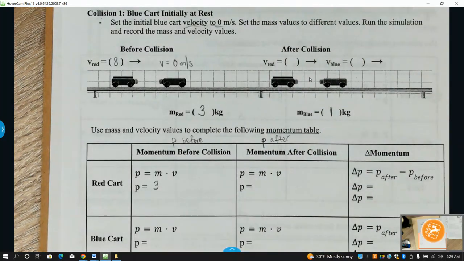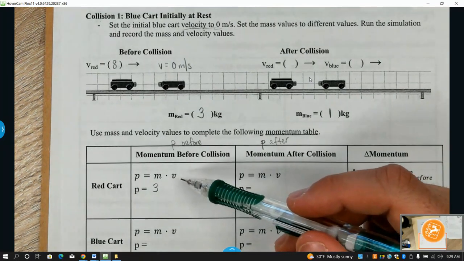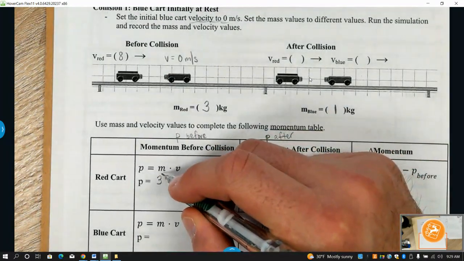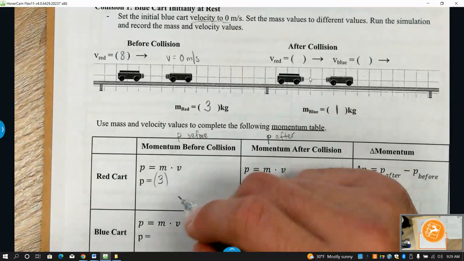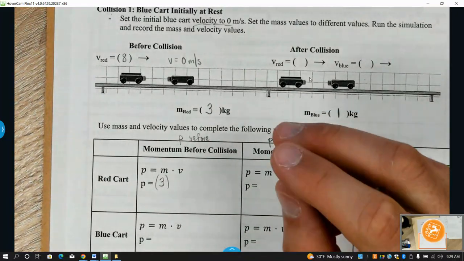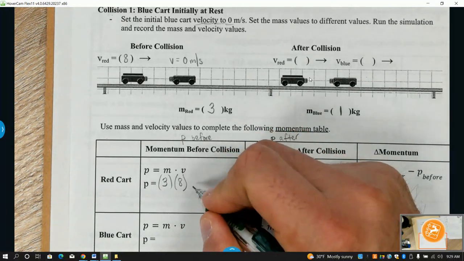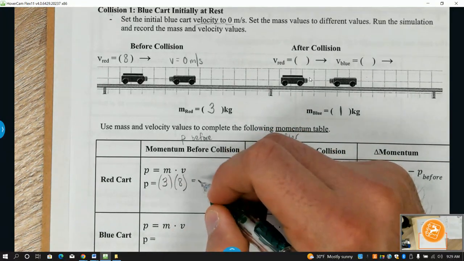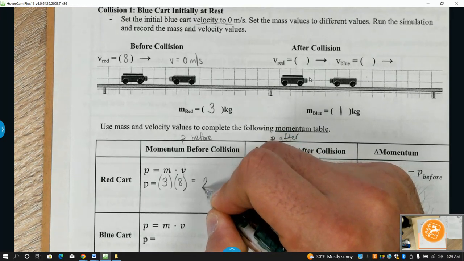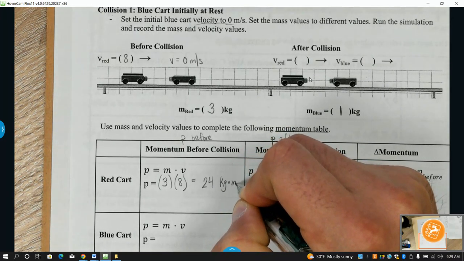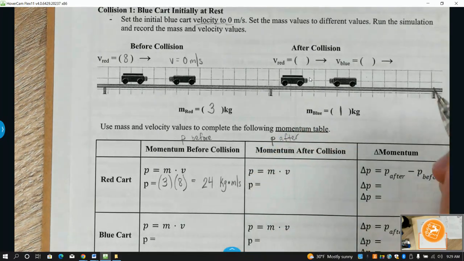The velocity is 8 for me. You guys will have a different velocity. It can be 1 through 10, just not 8. And I do this, and I get a value here of 24 kilogram times meters per second, because that is the unit for momentum.